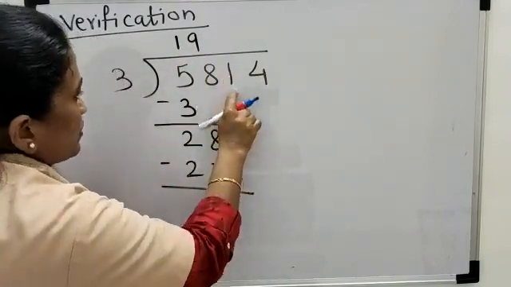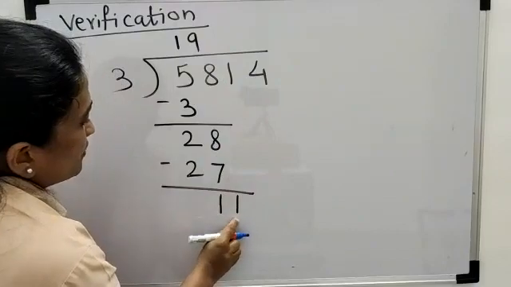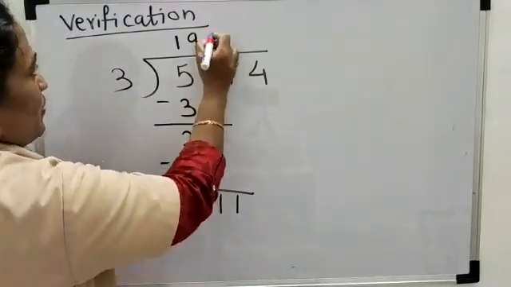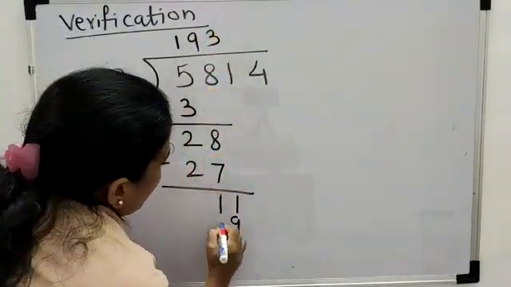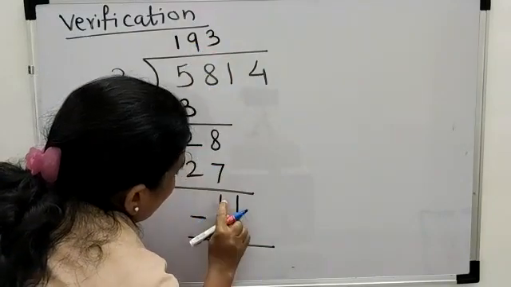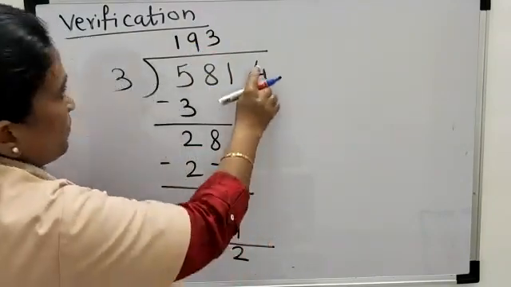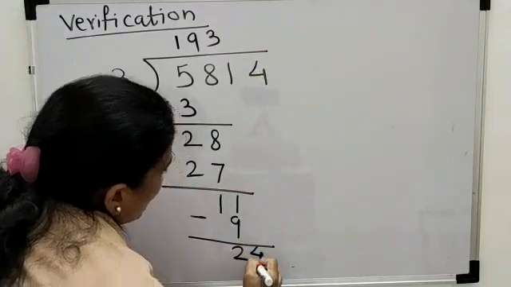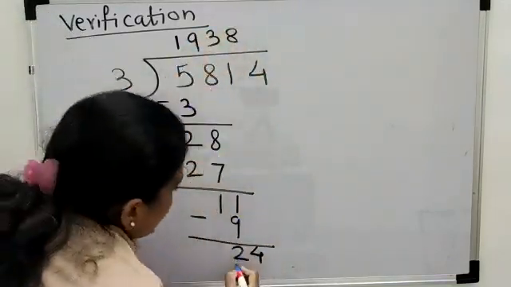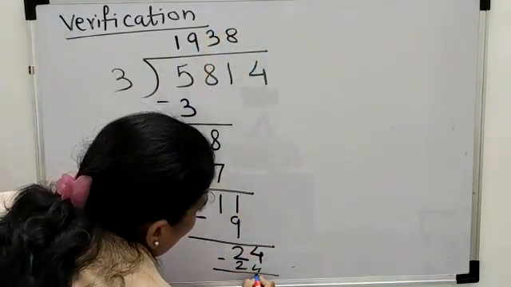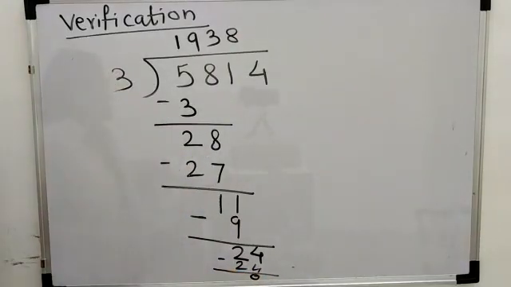I am taking this 1 down, so it gives me 11. 3 threes are 9, so the 11 minus 9 is 2. I am taking this 4 down. 3 eights are 24, and this gives me remainder 0.